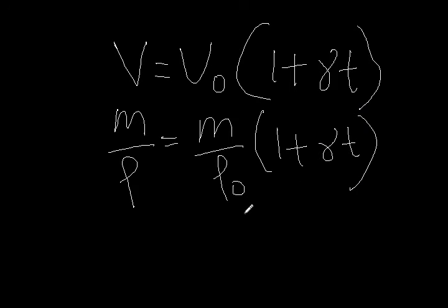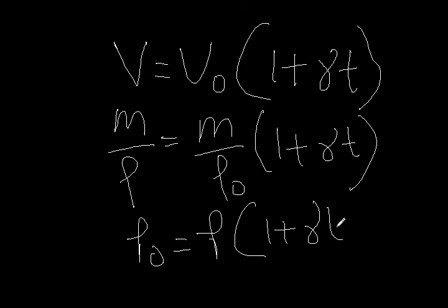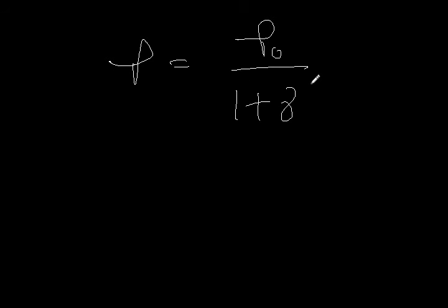Now, children, what we have here is that rho 0 is rho times (1 plus gamma t). But what we require is not rho 0, we want to know what is rho. So if I want to know what is rho, then I should write it like this, that rho is nothing but rho 0, and 1 plus gamma t goes to the denominator.